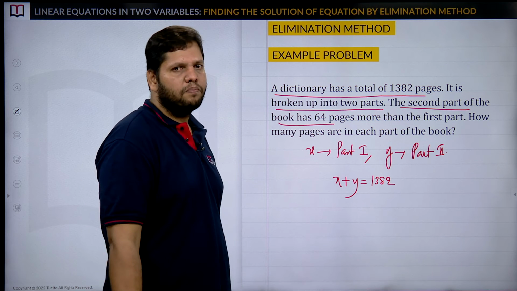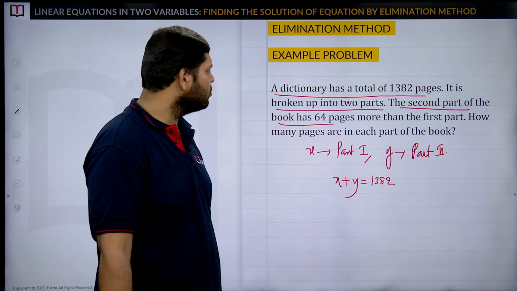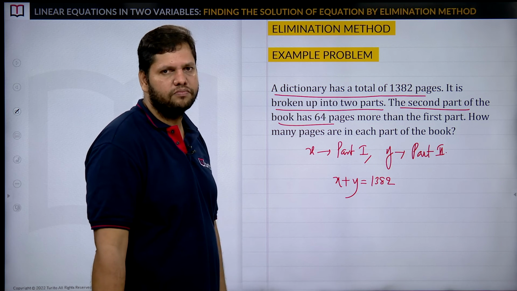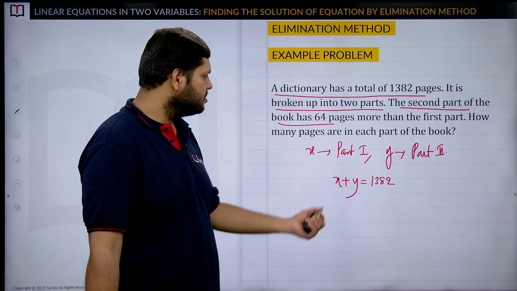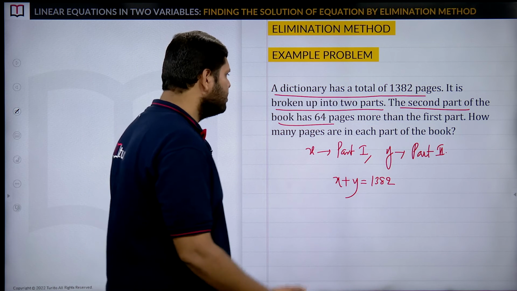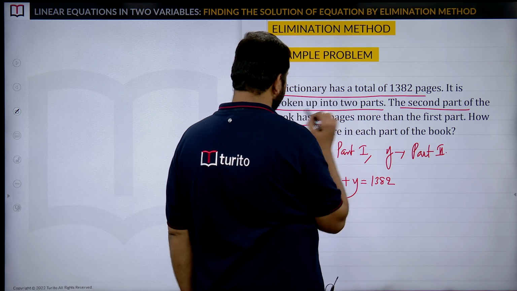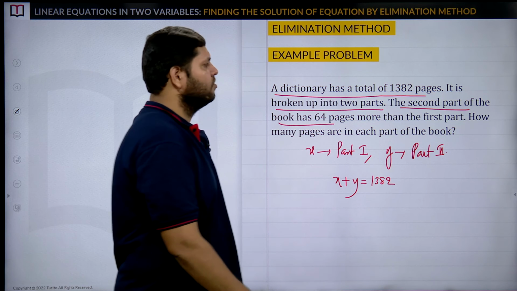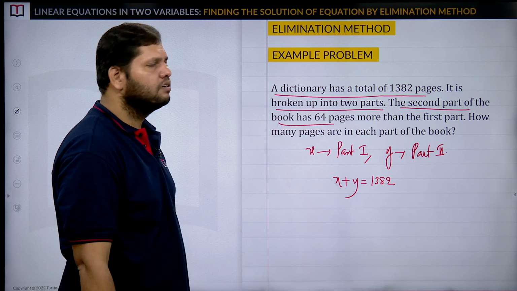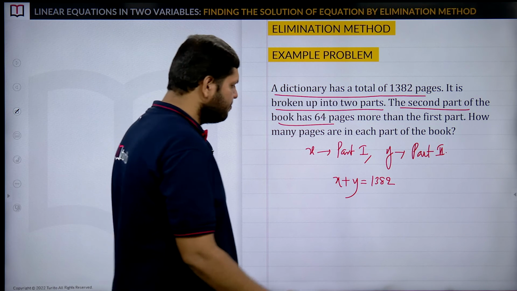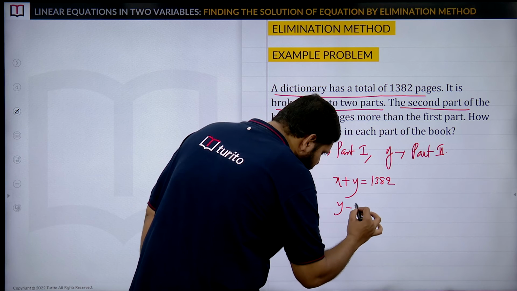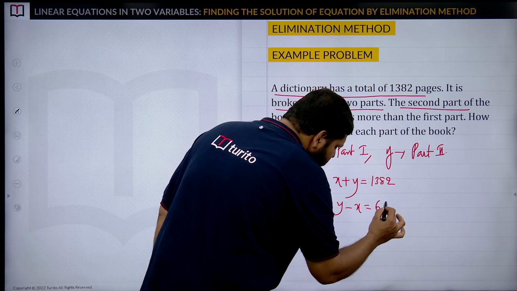So the difference of part 2 and part 1 is equal to how much we have to get, children? 64. This is part 1, it is part 2. But clearly mentioned, the second part of the book has 64 more pages. So the difference of part 2 and part 1 is equal to 64.